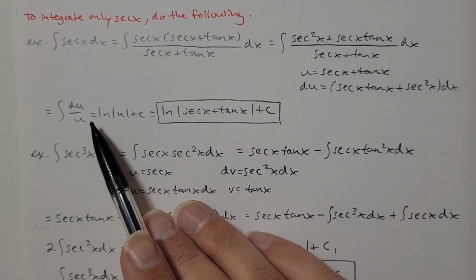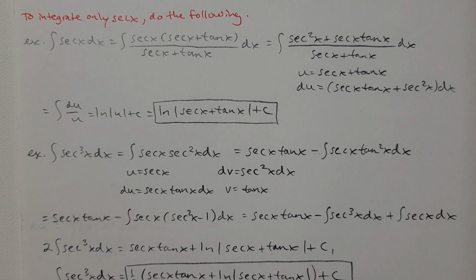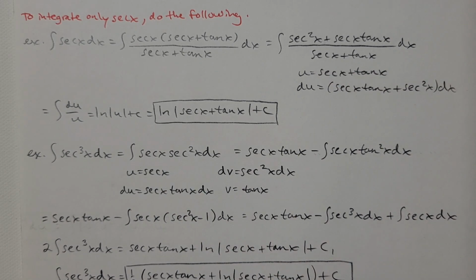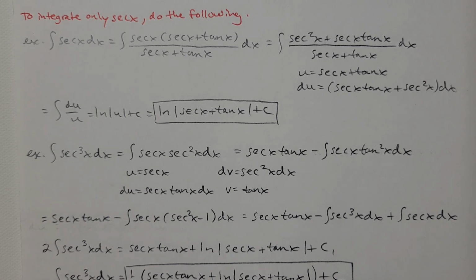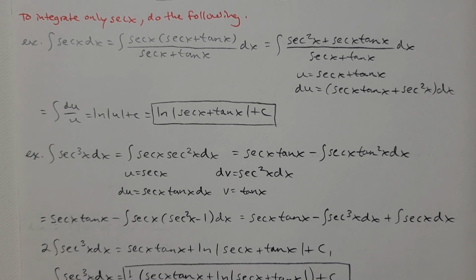My new integral then would be 1 over u du, and that is the ln of the absolute value of u, don't forget about the absolute value bars, plus a constant. Now u is secant x plus tangent x, so replace u, and the answer would be the ln of the absolute value of secant x plus tangent x plus a constant. Okay, so this is an integral that we should know.